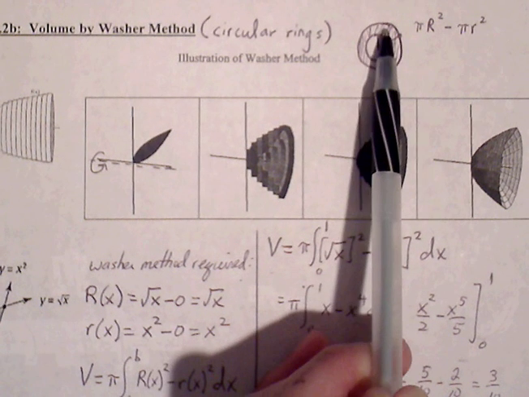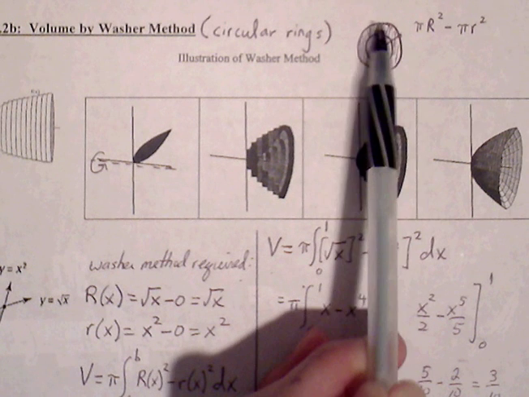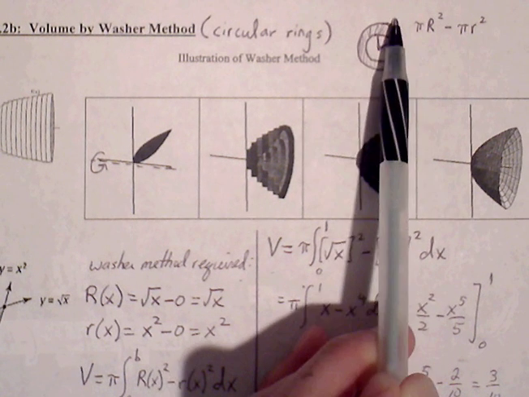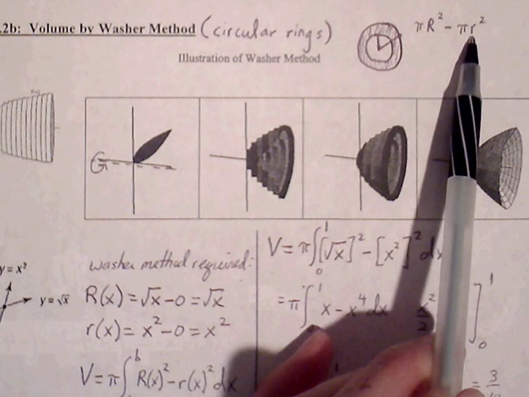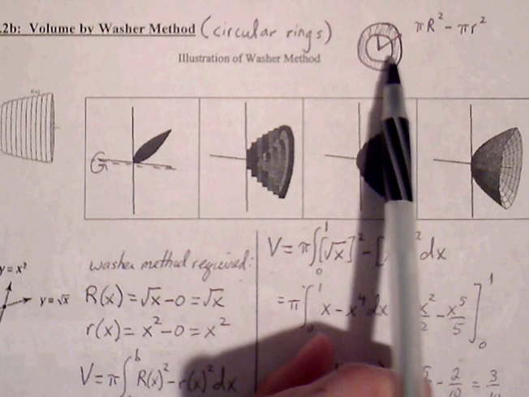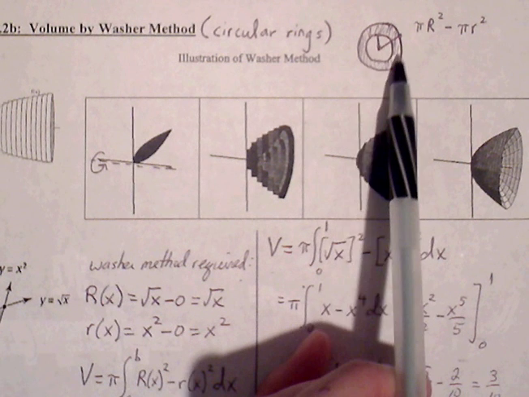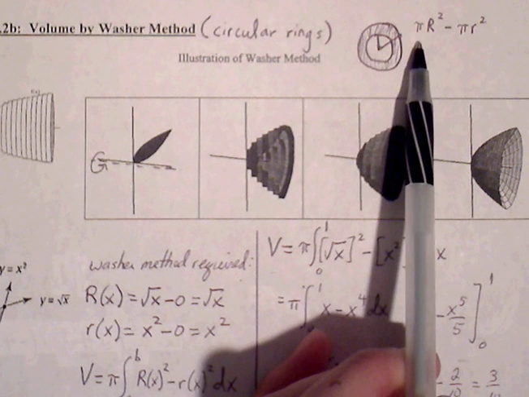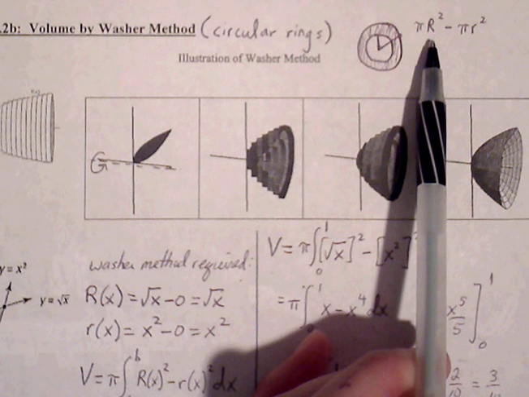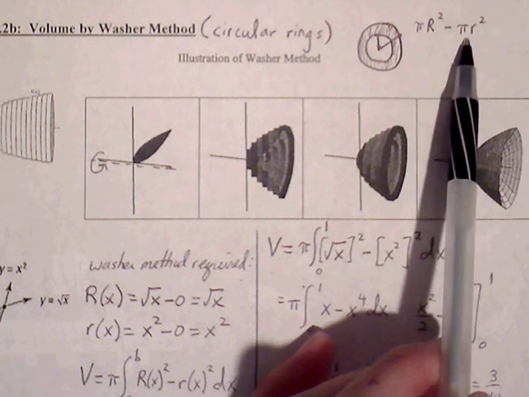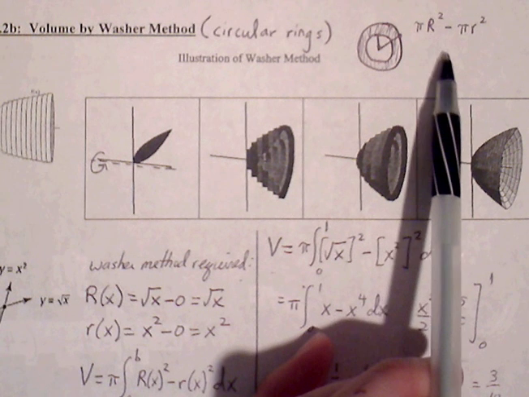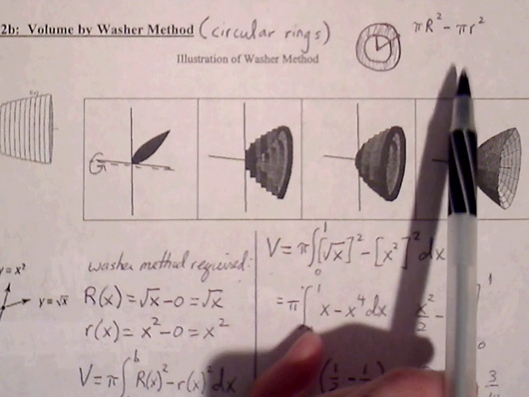If I want to find the area of this shaded region, I have to find the area of the large circle, find the area of the small circle, and then subtract it. Once I subtract out that hole, I'm left with the outer ring, which will provide me the area that I'm looking for. Okay, so we're going to be taking this concept and applying it with the washer method.